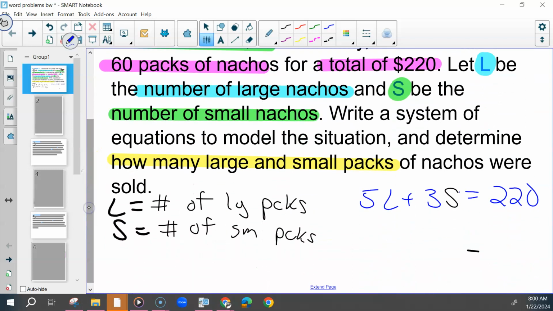Now we know the other total is 60. This is the total number of packs of nachos. What could we add together to get total packs of nachos?